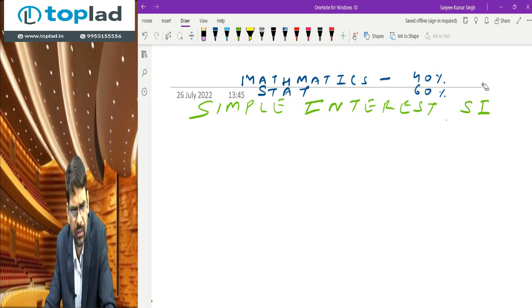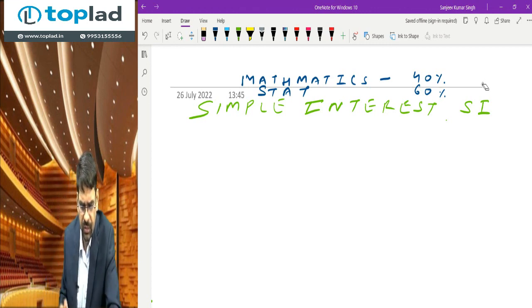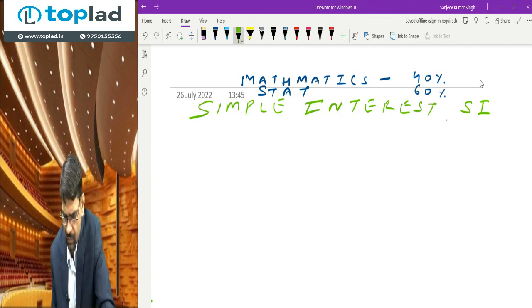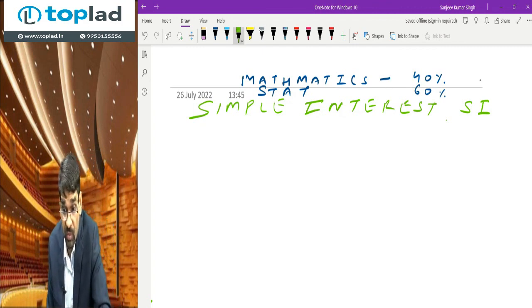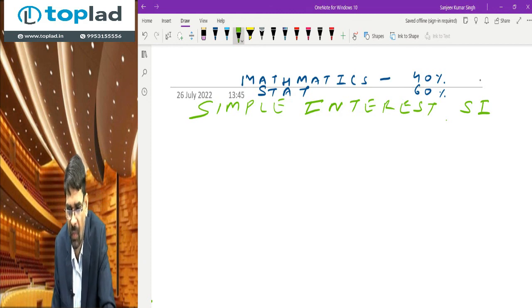But think like I am the expert of this subject. Think at least 5 times in the mind and speak like I am the expert of this subject of mathematics and statistics. I am the expert. I am the expert. Think like this.